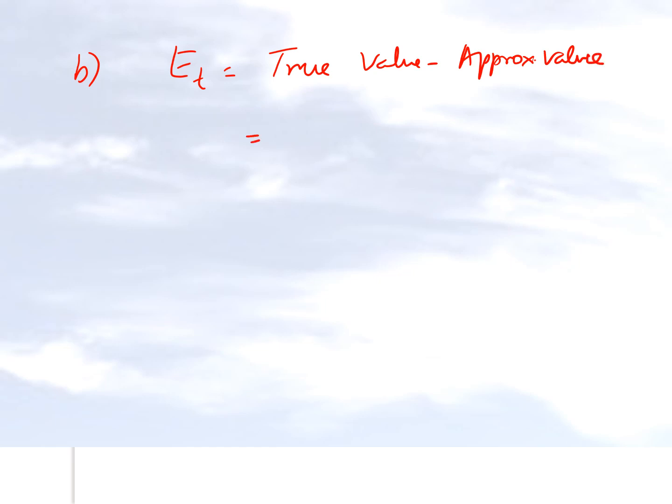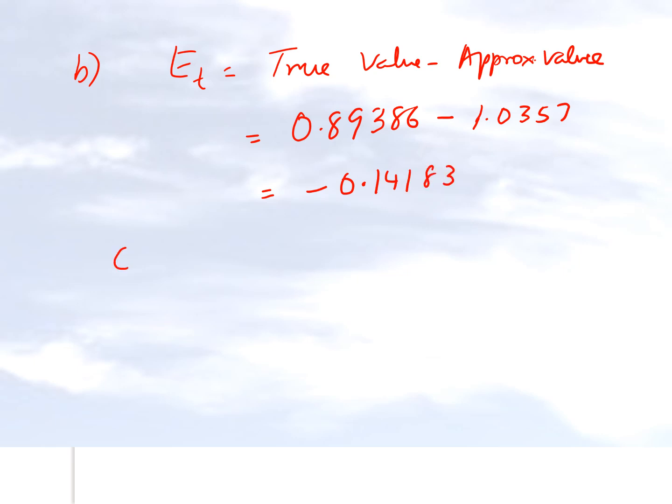The true value is 0.89386, and you can find the true value just by using integration by parts, so that should be pretty straightforward. And so the approximate value was that, so the true error is now this quantity right here.